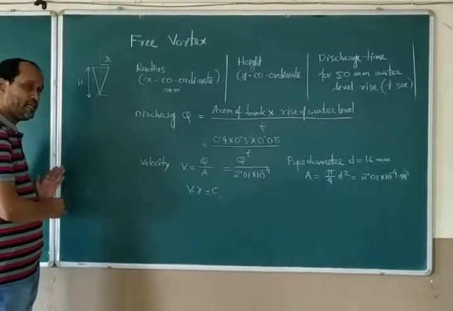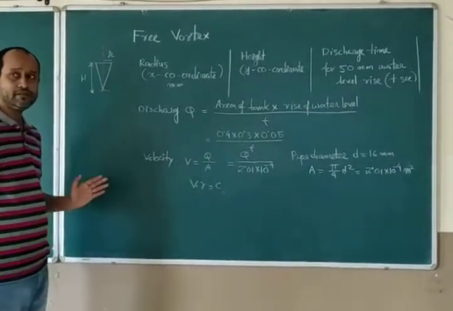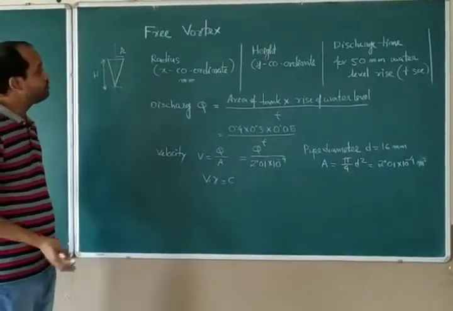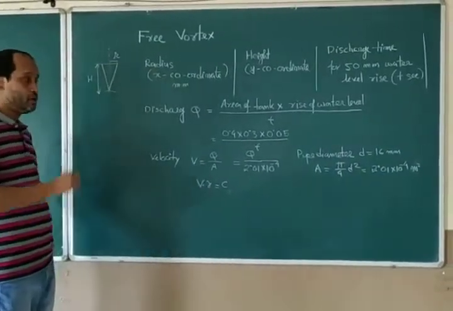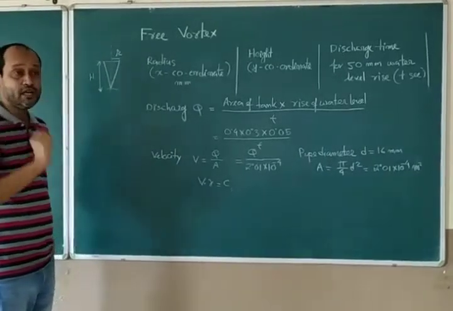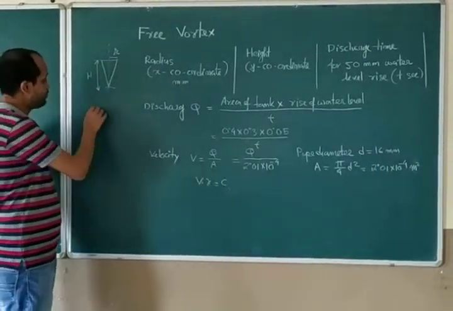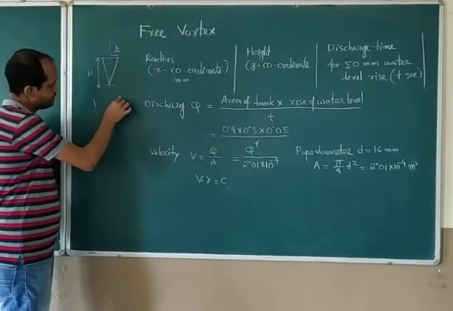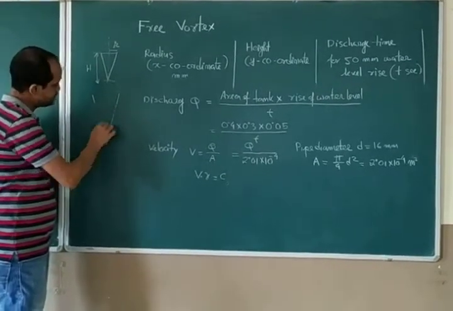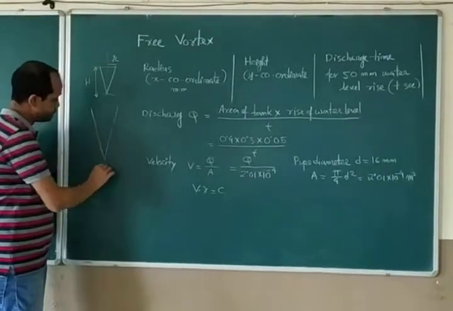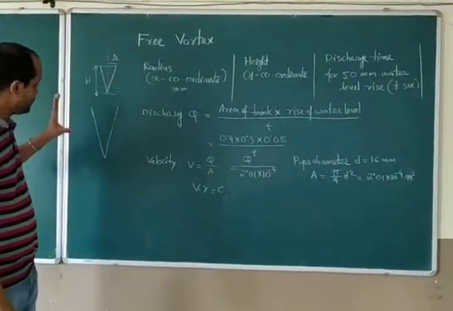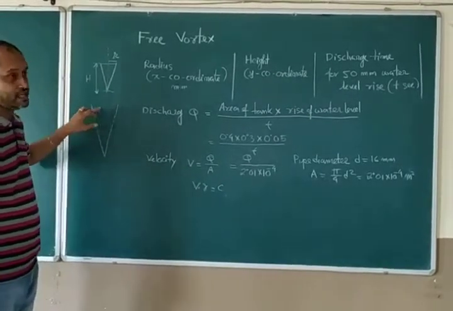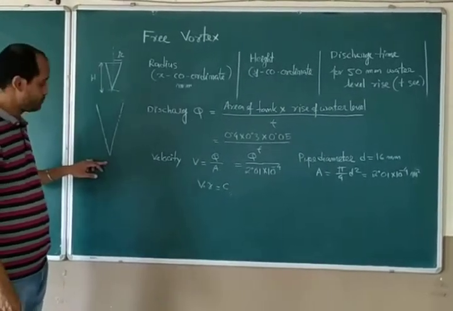So initially during the experiment you have to observe the vortex which is formed due to the tangential velocity of the liquid. This is the free vortex. At first you have to be sure that the vortex is stable. After realizing that, you can take the reading of the radius and the height of the vortex.